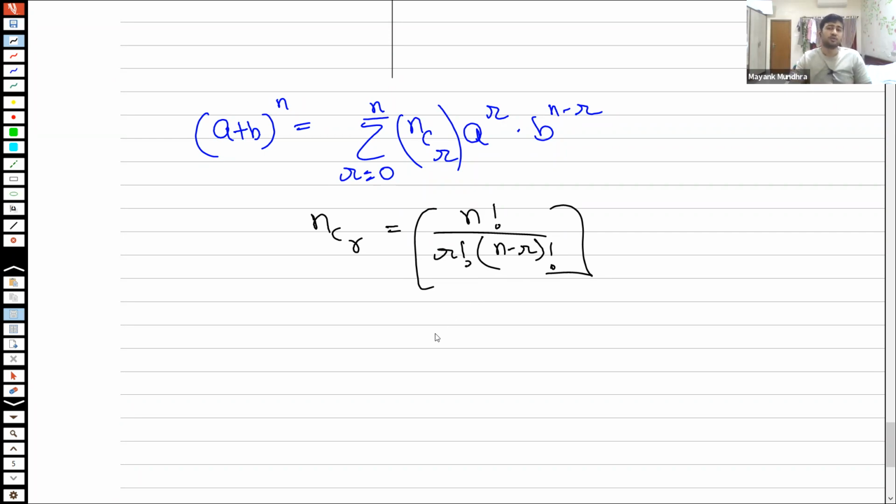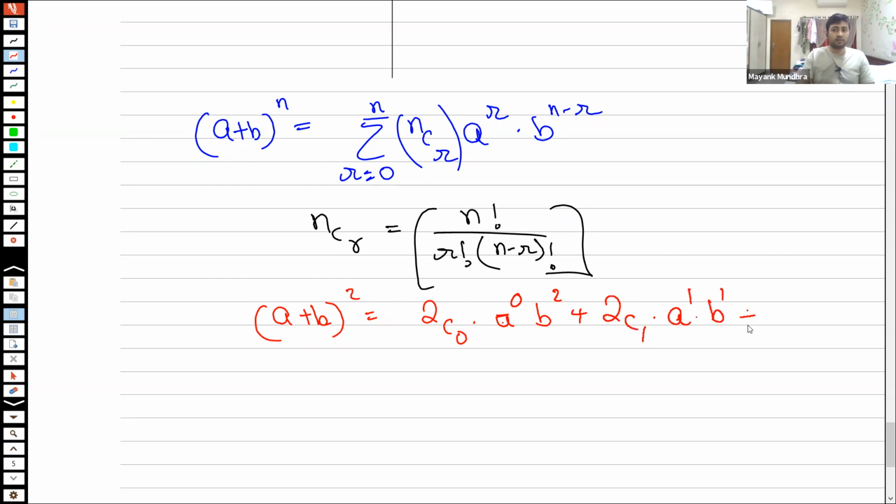This is how you get the expansion of (a plus b) whole square. (a plus b) whole square equals 2C0 a to the power 0, b to the power 2, plus 2C1 a to the power 1, b to the power 1, plus 2C2 a to the power 2, b to the power 0.